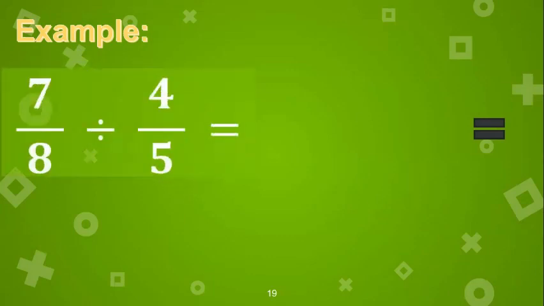Okay, let's take this. 7 over 8 or 7/8 divided by 4/5. So simple fractions. You are going to do the K. Stands for keep. You are going to keep the first fraction. And how about the C? It is change.